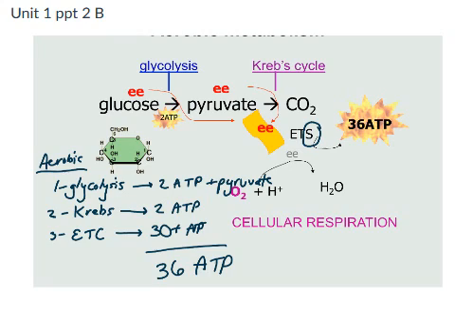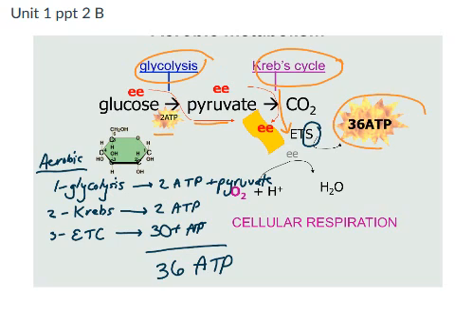steps is taking place. So now if you look at the picture above, again, you have glucose, which yields 2 ATP and pyruvate. You have Krebs cycle, which yields 2 ATP that plugs into the electron transport chain or system, where you end up with a total of 36 ATP.